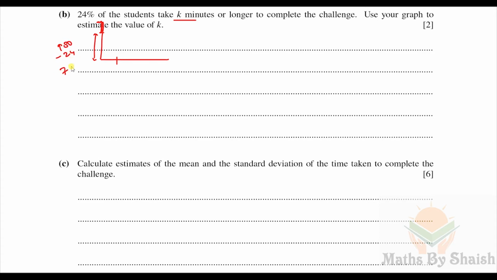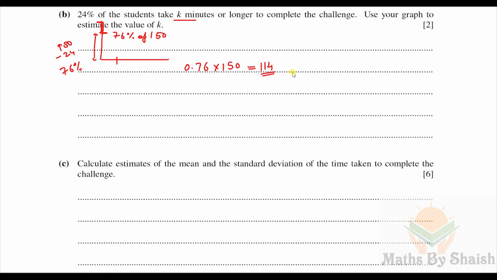This value on the y-axis would be 76% of the total data, that is 76% of 150. So 76% of 150 is 150 into 0.76, which is 114. So from the 114 value on the y-axis, we will go to the graph and find the k value.